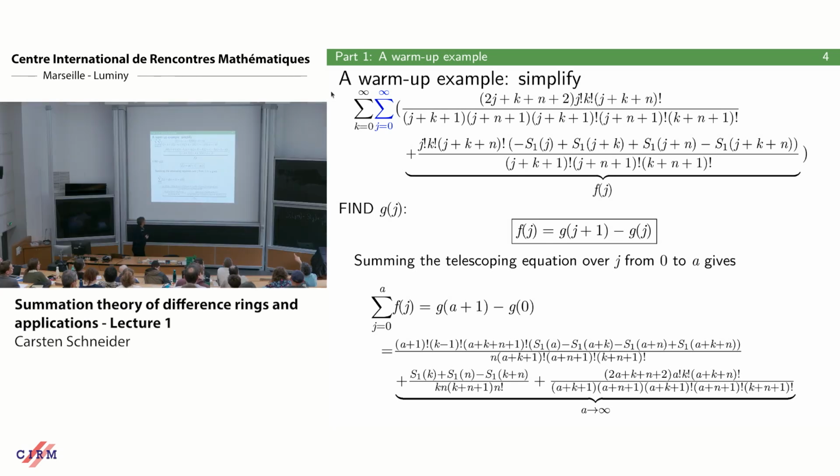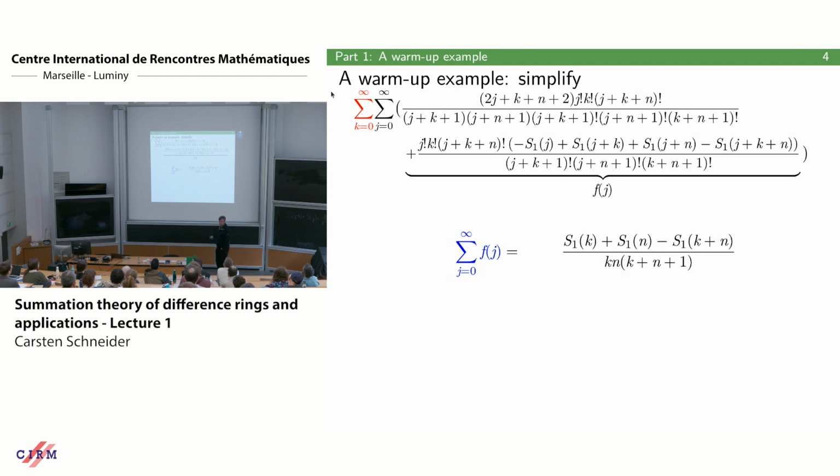It's the entire thing or just? The entire thing. The hypergeometric term plus the hypergeometric term times the linear combination of harmonic numbers. No, it's both, it's the whole thing. Okay. Then I send a to infinity. And I get that result.